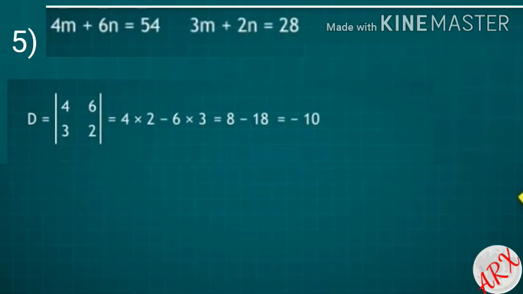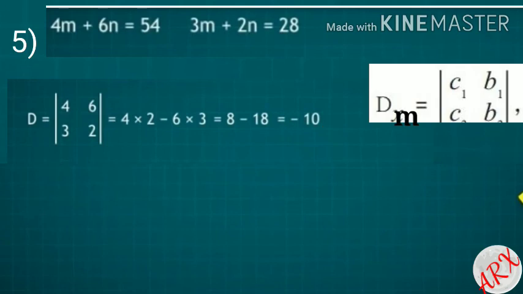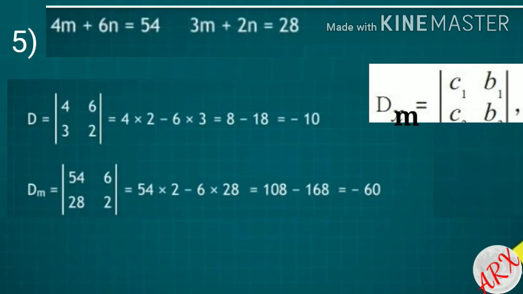Now we will take determinant Dm, which will be c1, b1, c2, b2. After putting values, we get 54, 6, 28, 2. We solve the determinant: 54 into 2 minus 6 into 28, which will be 108 minus 168 equal to minus 60.